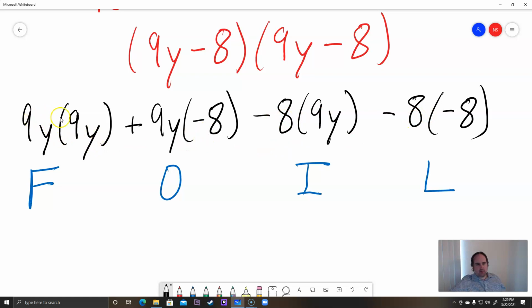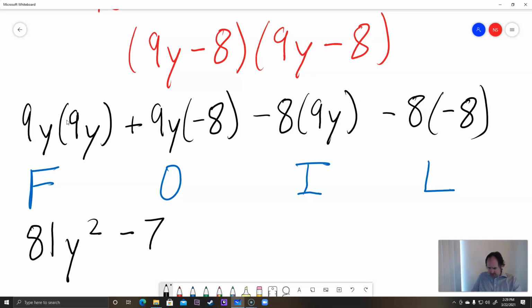So for the 9 times 9, that's going to be 81 for the first. So we have 81, and then y times y is y squared. So we have 81y squared for the first. For the outer, 9 times negative 8 is going to be negative 72. So we have negative 72y for the outer.